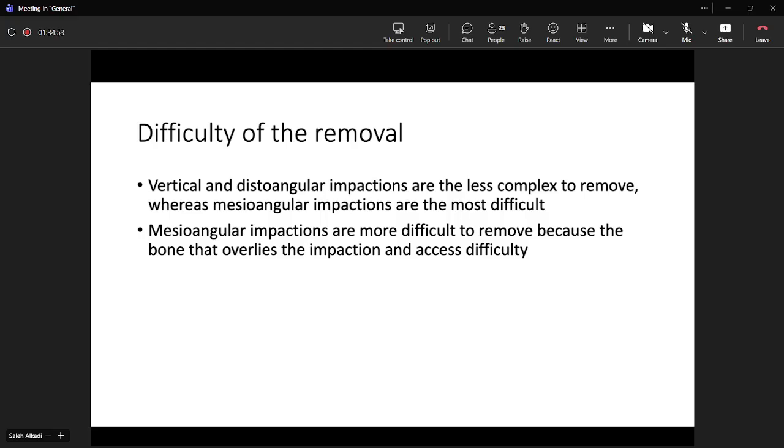While for the distoangular, usually the overlying bone is thin, and it is very easy to put your elevator at the mesial point of application and just elevate the tooth distally. What also makes things more difficult is if the tooth is lying more palatally than buccally.